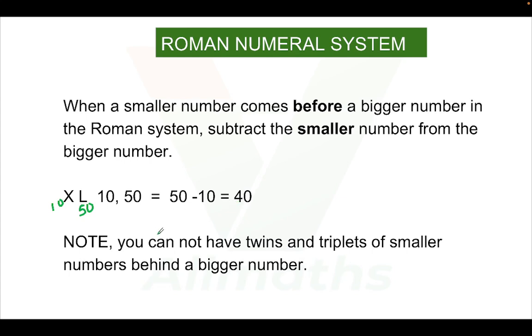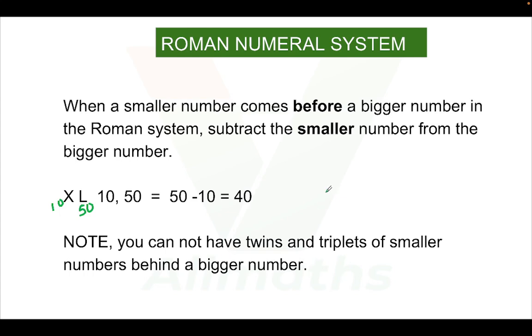Now, the first thing to note here is that you cannot have twins and triplets of smaller numbers behind a bigger number. We've talked about how the family of ones can have twin and triplets, right?